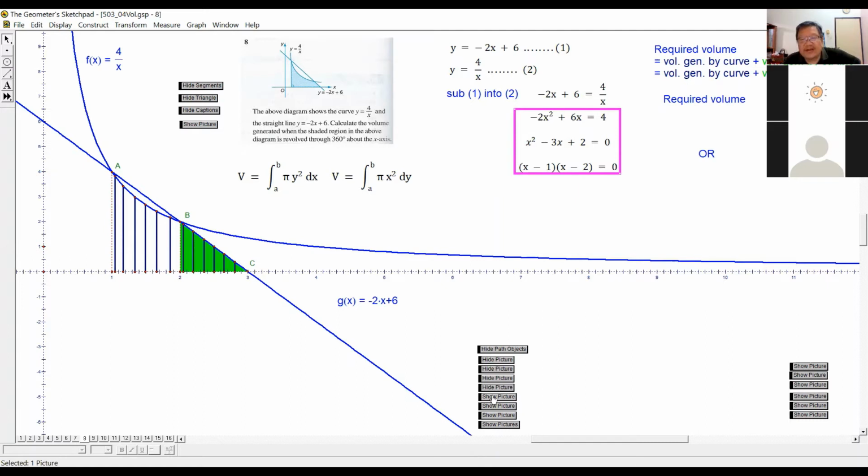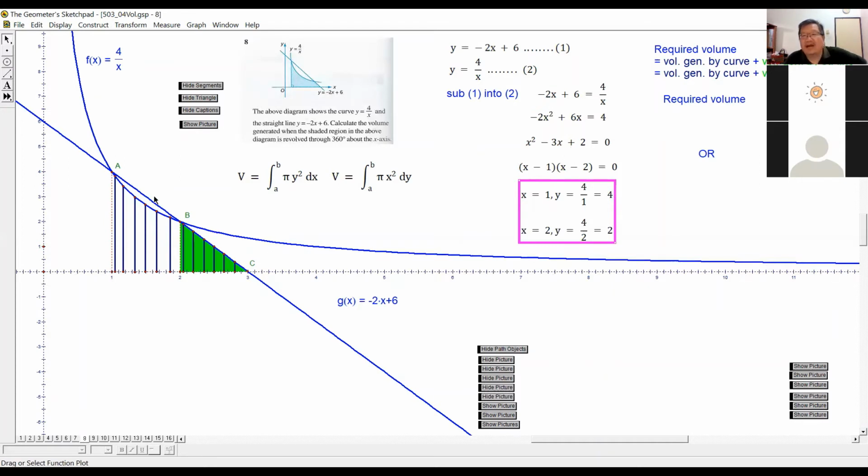So after factorizing, you have two values for the coordinate of x. The first one is x equals 1. And you substitute into equation 2 to find the value of y. So it is (1, 4). Which one is (1, 4), A or B?